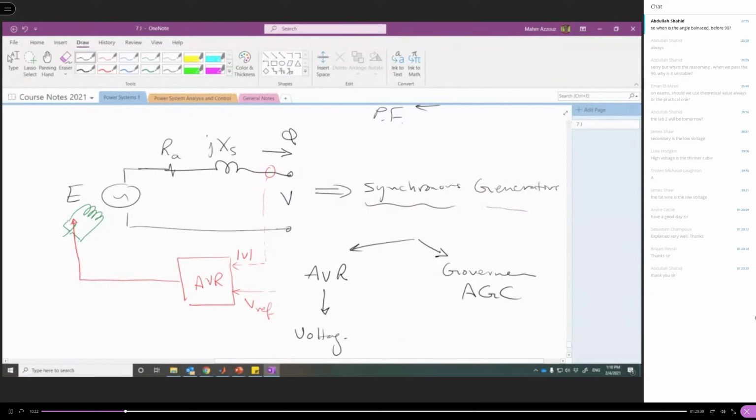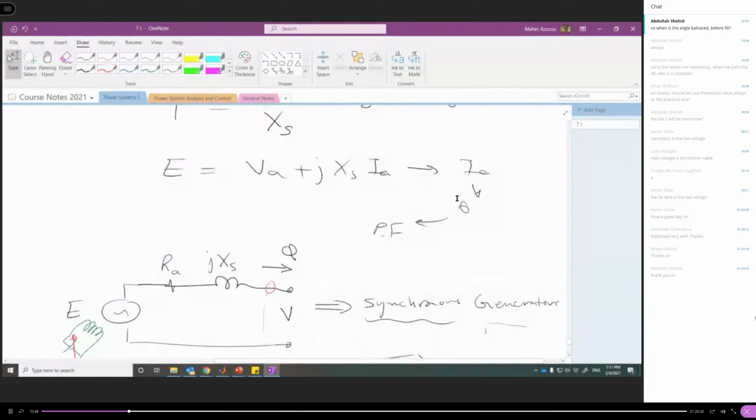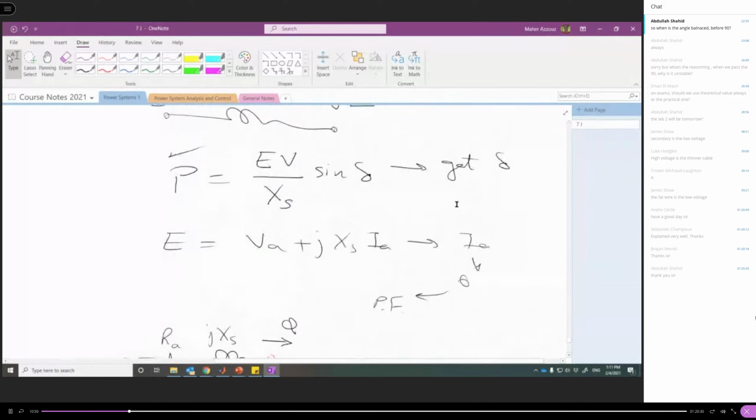Okay, so keep these two controllers in mind for now, but I wanted to introduce them so that you won't be surprised when we model the synchronous generator differently or use a different nonlinear steady state representation for the generator to analyze the performance of our system. Okay, so this is just a quick reminder of what we have explained in the previous two lectures.